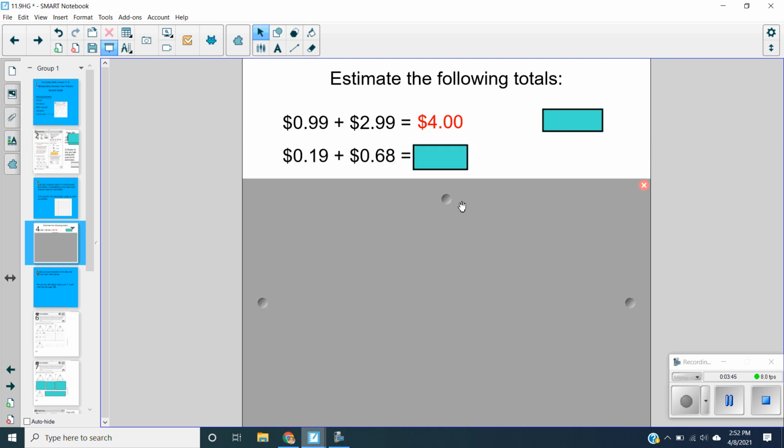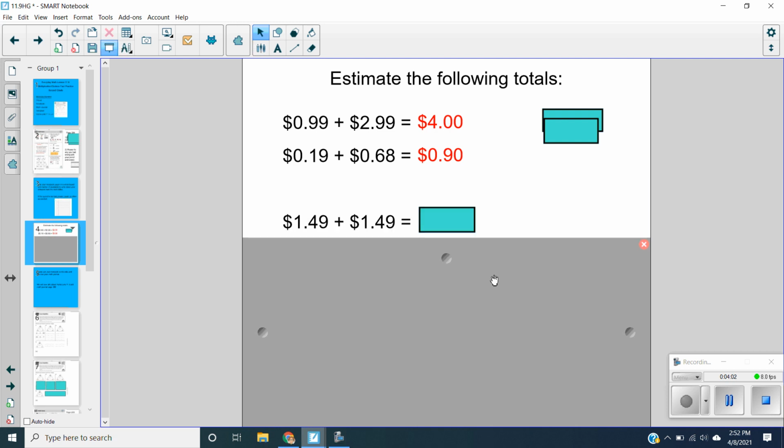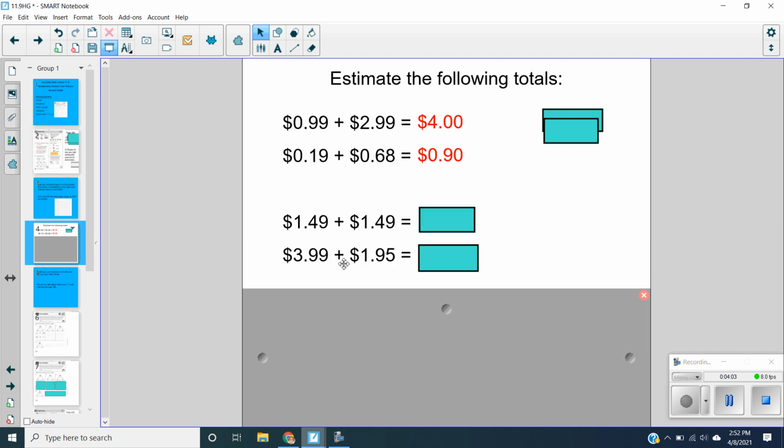For this next one, why don't you go to the nearest 10 cents? Press pause and play when you're ready to check. So for this next one, I would have had 90 cents because I have 20 cents plus 70 cents. Once you press pause and try rounding both of these two, how about this first one to the nearest 50 cents and this one to the nearest dollar?